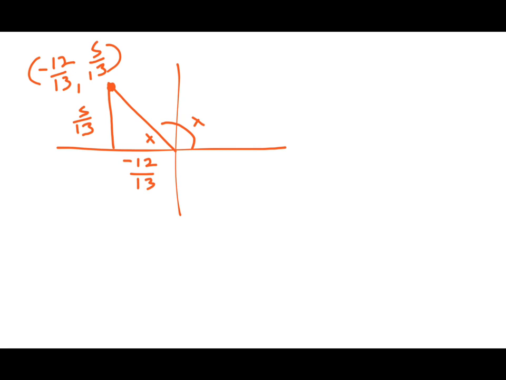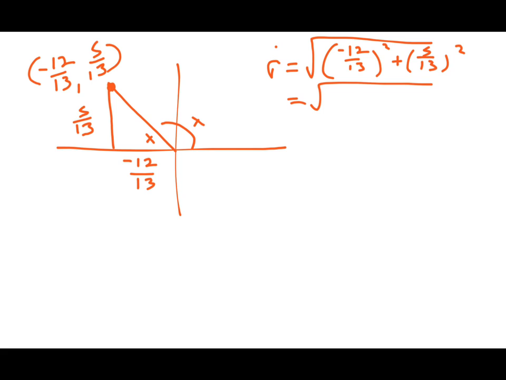Okay, if we go to find our r, that's going to be just the square root of negative 12/13 squared plus 5/13 squared, which is the square root of 144 over 169 plus 25 over 169, which is the square root of 169 over 169, or just 1.